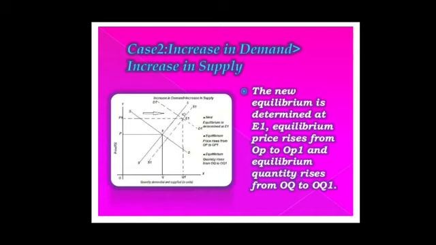The new equilibrium position is at point E1, where the new demand curve D1 intersects the new supply curve S1. So students, we can say that when increase in demand is greater than increase in supply, both equilibrium price and equilibrium quantity will rise.